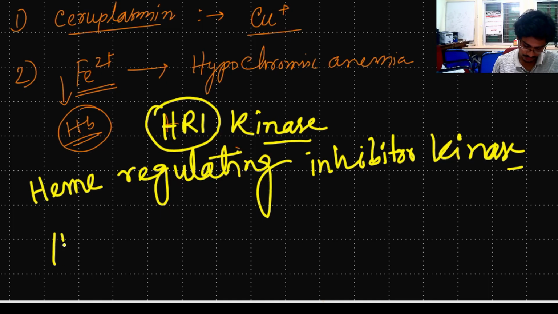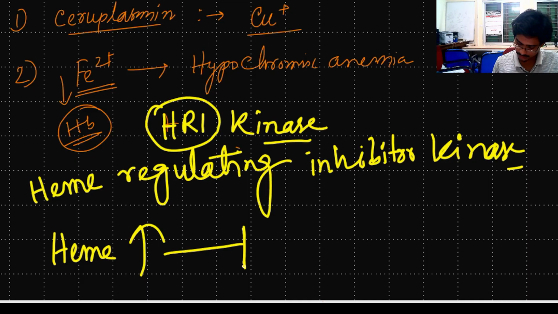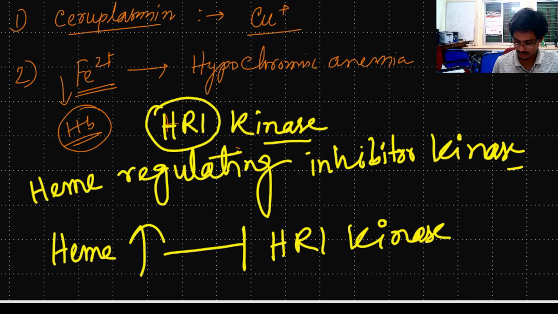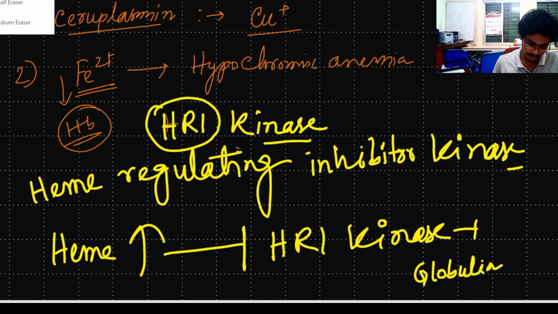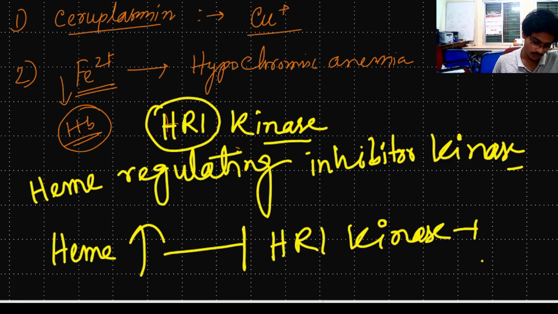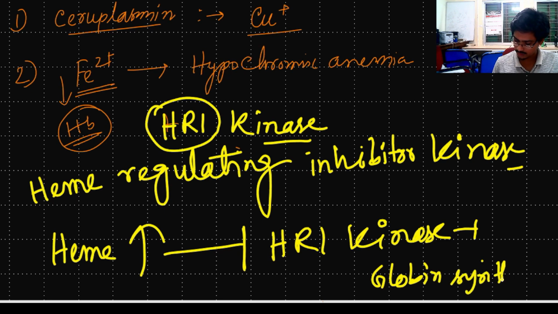If heme is increasing, then that inhibits HRI kinase. So you can write the term: it inhibits globin synthesis. If Fe2+ decreases, then heme decreases.